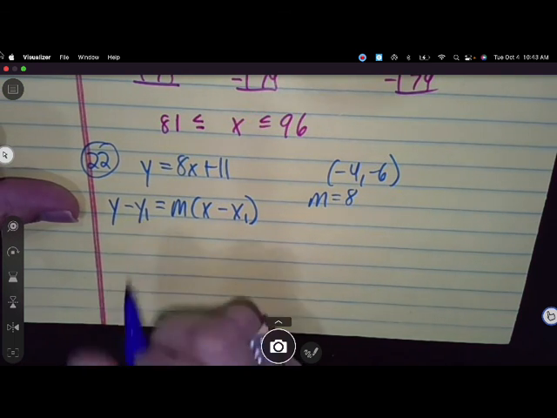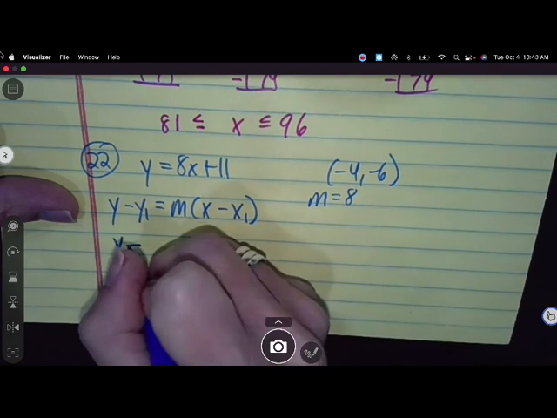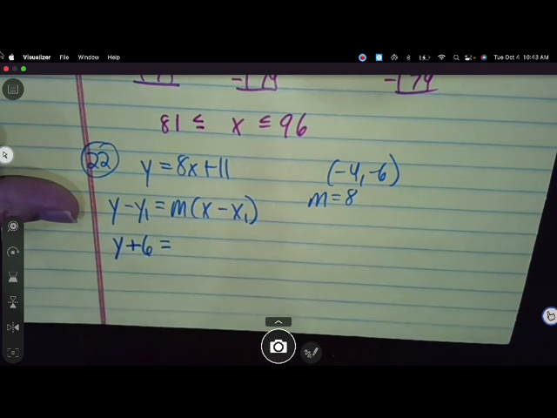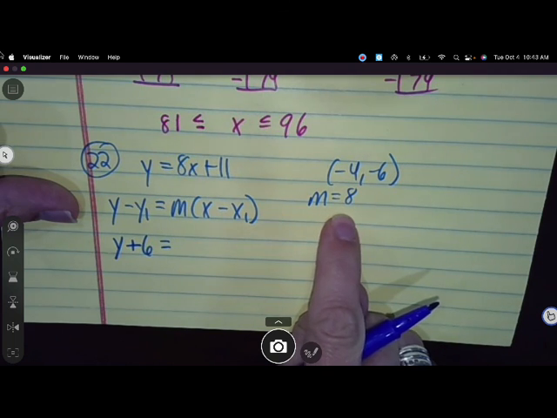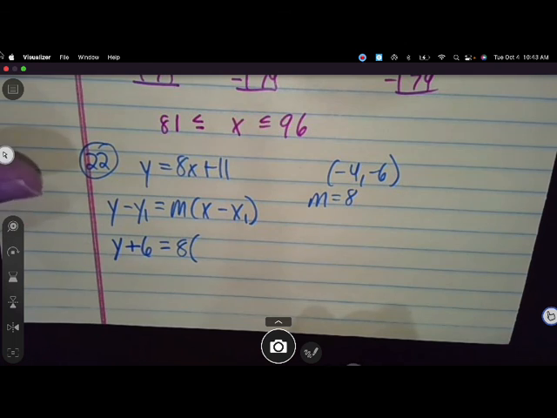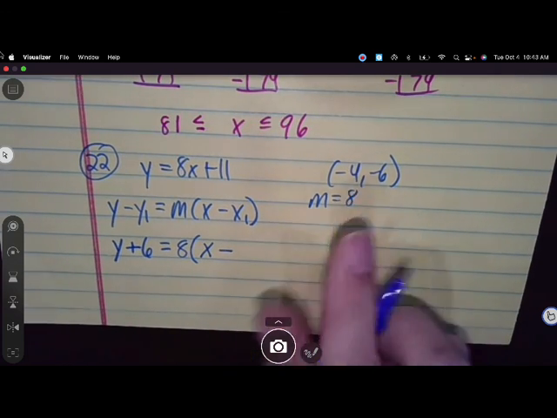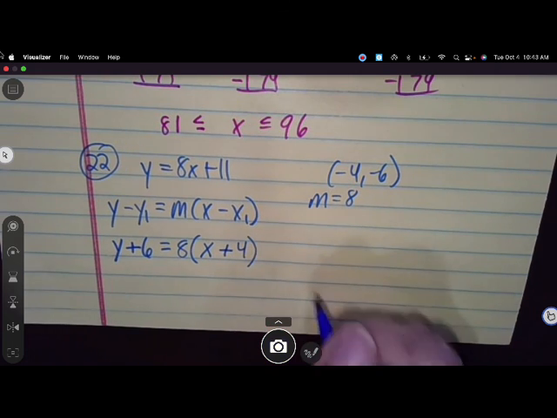So what's my y value? I'll write that first. Y minus, that'd be +6. Very good, it's +6. It changed. My slope is 8. Are you still doing okay? This said parallel. That's what's very important. So you use the same slope. It makes it easier. And this one's going to be x minus -4, so it changes to a +4.